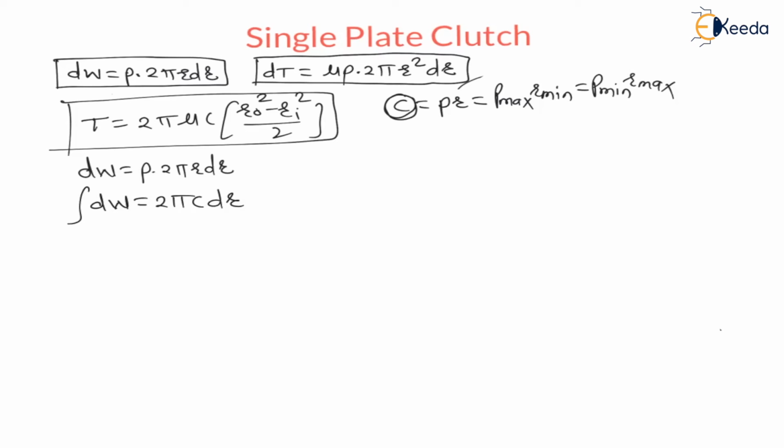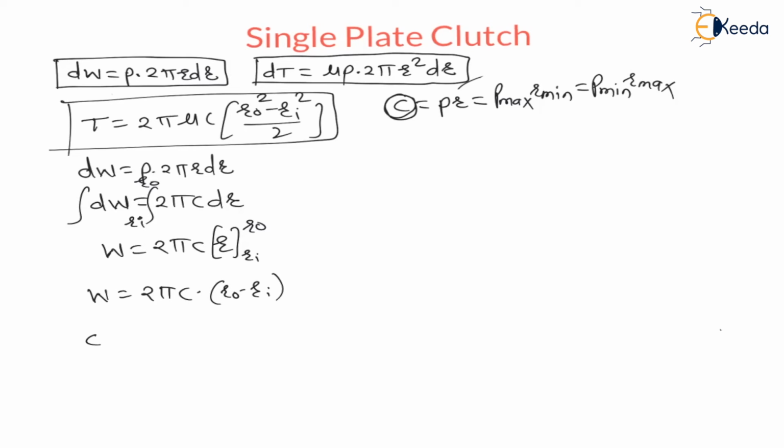W is equal to 2 pi c, integration of one is r, varying from ri to ro. Therefore W is equal to 2 pi c into ro minus ri, so c is equal to W divided by 2 pi into ro minus ri. Again, this is very important.